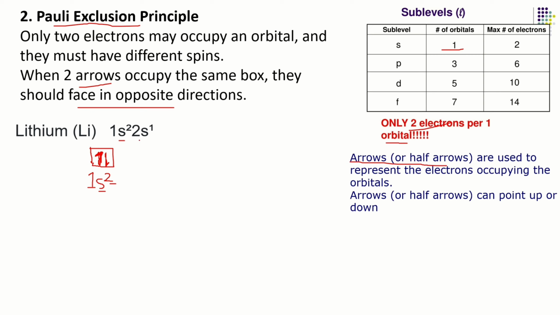And next one, for the second energy level, the s sublevel again. How many orbitals? We have 1. So let's draw a box. 1 box for the second energy level, and the sublevel is s. How many electrons? 1. So how many arrows do we need to draw? 1 as well, and it is pointing up.